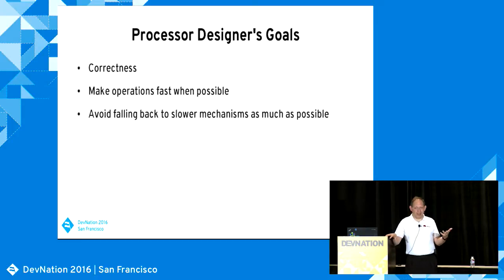I certainly want my bank, when they're doing computations, that the computation be correct, right? So that's the first thing. It's got to be correct. They're going to try to make the operations fast, right? Now, there's lots of tricks they'd use to make them fast. And what they're going to try to do is avoid falling back on slower mechanisms as much as possible, OK?